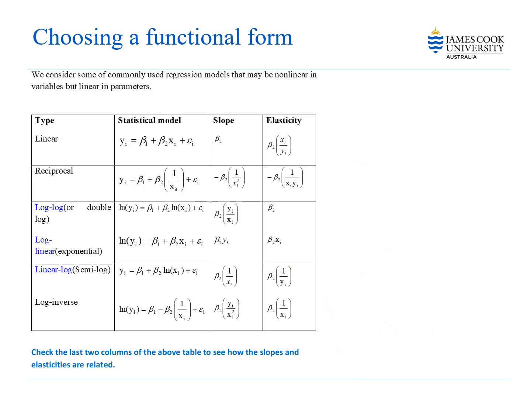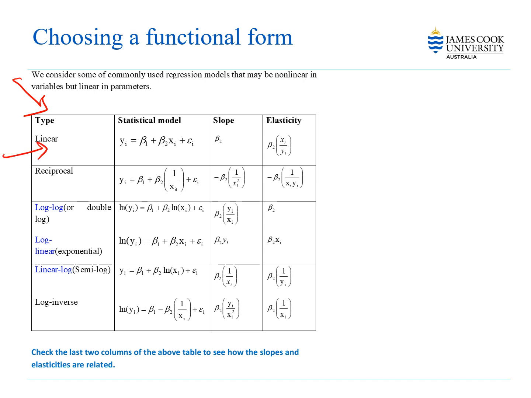So we have different functional forms here. What is the slope? What is the elasticity? This table summarizes the slope and elasticities. I'm going to go through some of these functional forms and leave you to practice working out the others. If you have any questions, you can send me emails and we can go through it together.